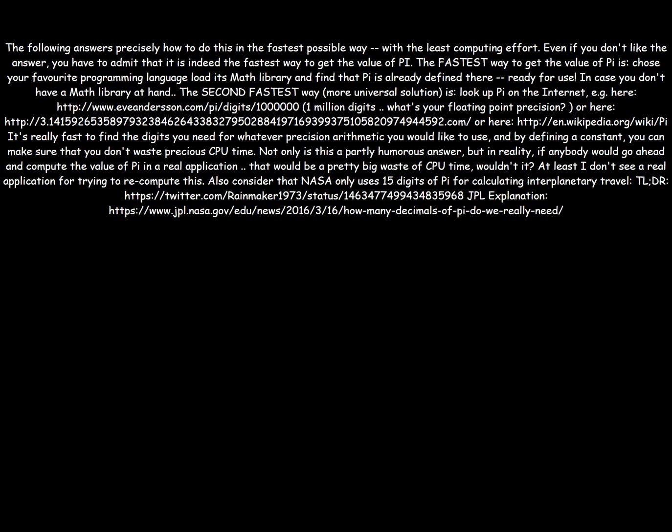It's really fast to find the digits you need for whatever precision arithmetic you would like to use. And by defining a constant, you can make sure that you don't waste precious CPU time.